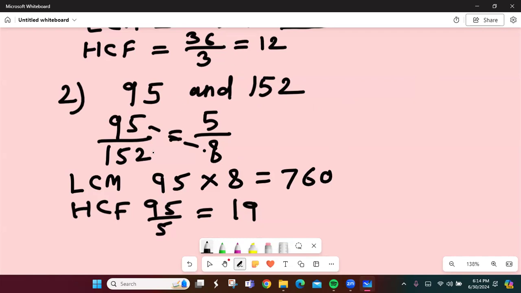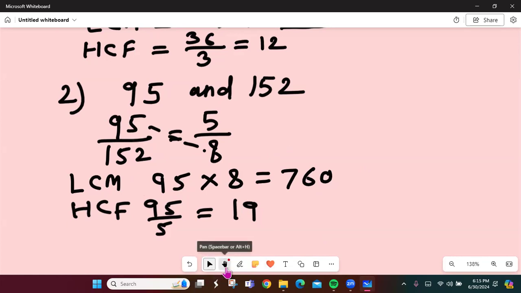Just take the ratio of the two numbers and write that ratio in the simplest form. Equate the two ratios. So when you cross multiply first numerator with second denominator or second numerator with first denominator, both will give you the same answer, and that will be the LCM. And if you take the ratio of the first numerator with the second numerator or the first denominator with the second denominator, both will give you the same answer, and that will be the HCF.